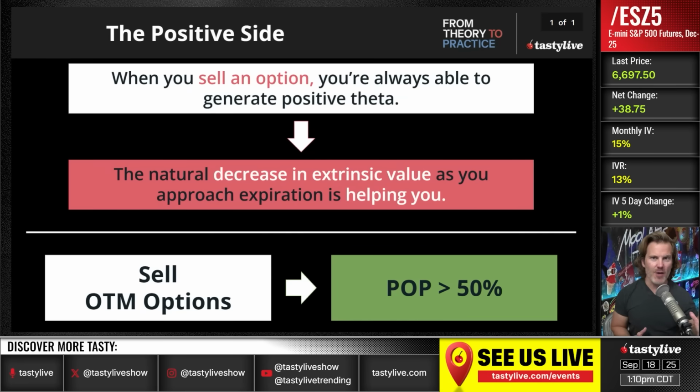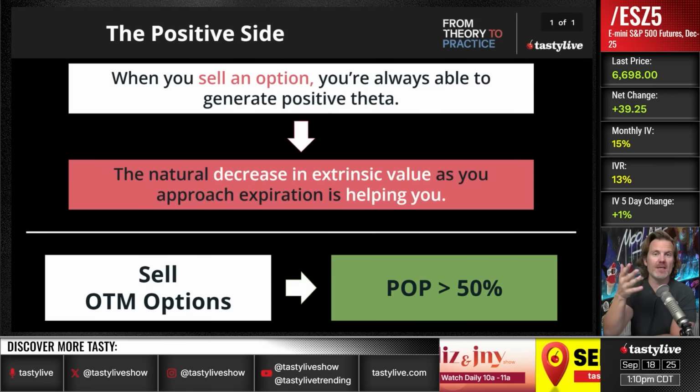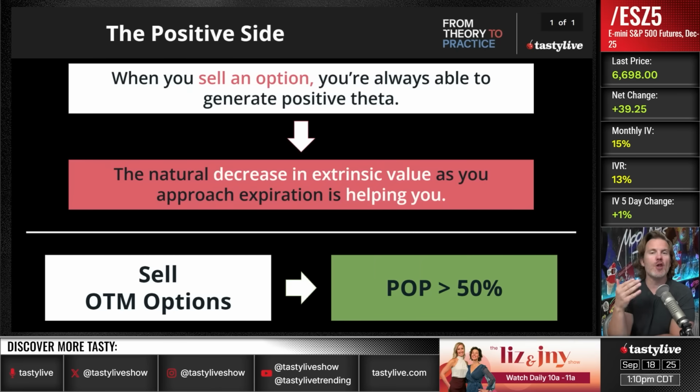Positive theta working in your favor, that downward pressure being placed on the extrinsic value that is helping you as an option seller, which leads you into a situation where you just need the stock to not beat you. You just need the stock to stay in a certain spot and you will be fine. Again, we just feel like that is such a great foundation to work from when it comes to building out all the other things that we like to do.